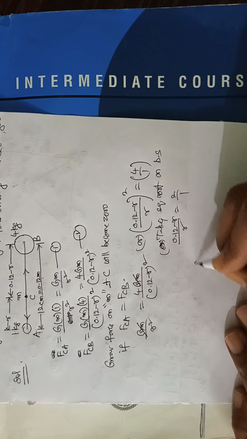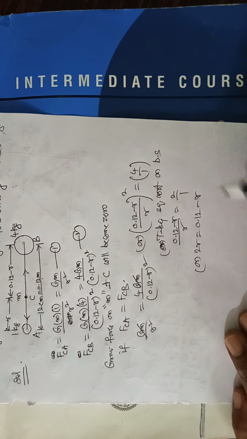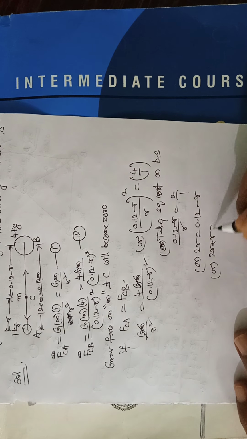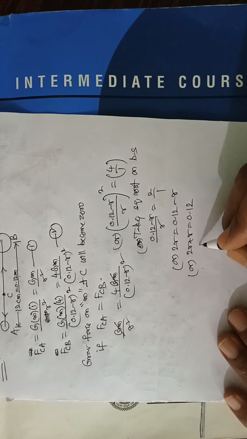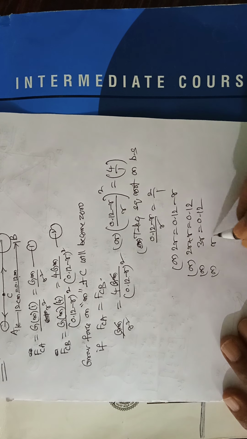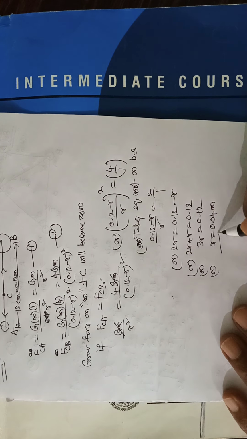Cross multiplying, 2r is equal to 0.12 minus r, or 2r plus r is equal to 0.12, 3r is 0.12, r is equal to 0.04 meters or 4 centimeters. This is the answer.